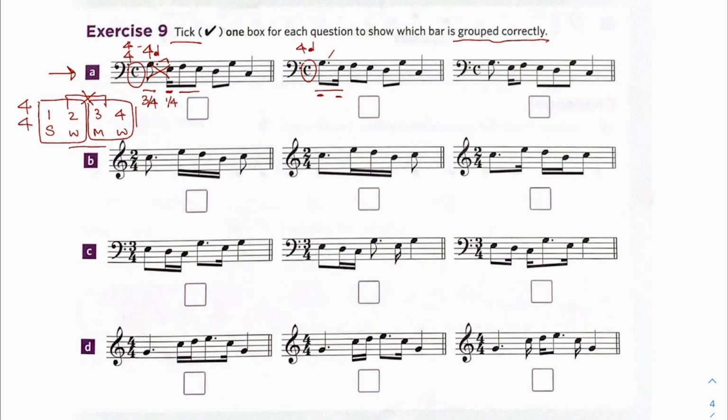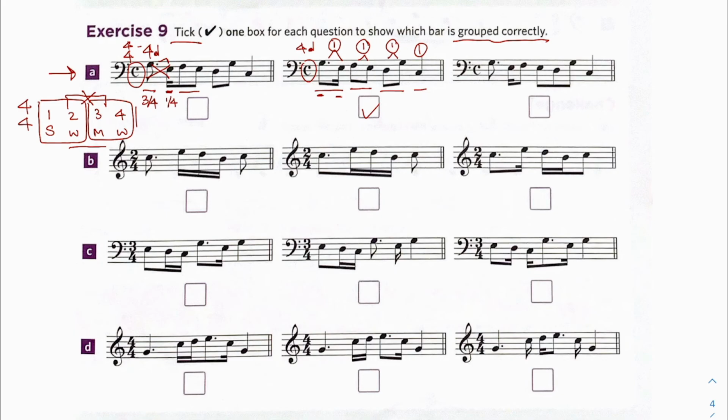And we know that this together makes 1 beat. Then we have 2 quavers, which is 1 beat, another 2 quavers, which is 1 beat, and a crotchet, which is 1 beat. Of course, we have 4 beats in this bar, and this is correct because you can see that the notes are grouped according to their beat, and it's very easy to read.